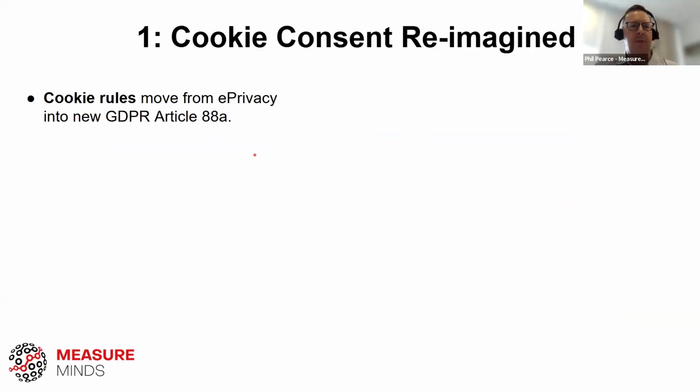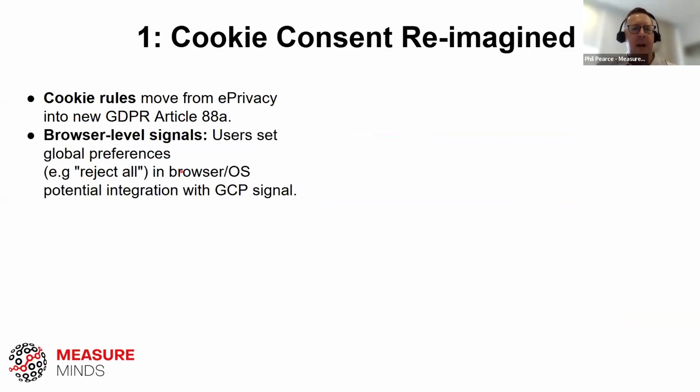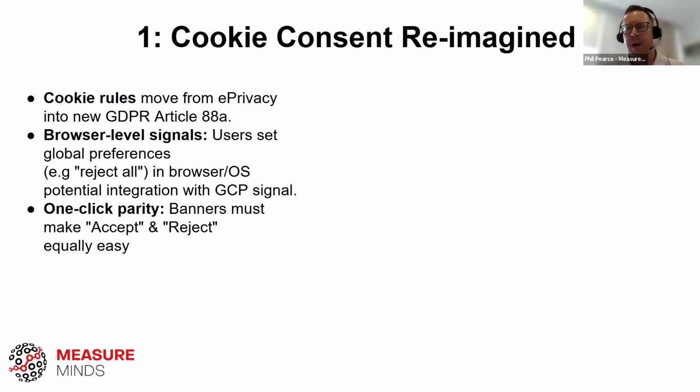Some of these changes, so moving from ePrivacy to an update to GDPR Article 88, this browser level setting, and I should note that the GPC signal, which is more of a California law for a targeting opt-out, maybe that gets bundled with these changes, because that's a browser-based piece.